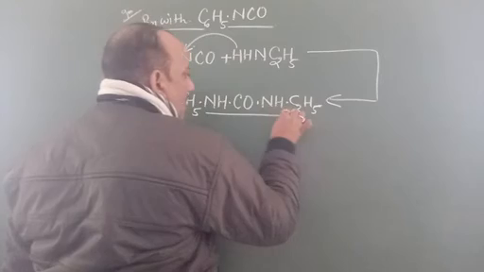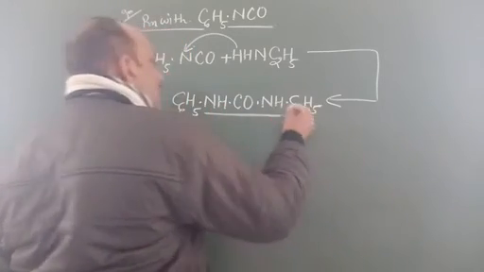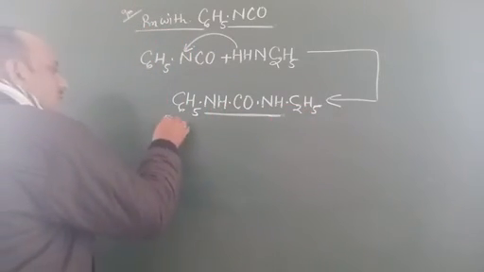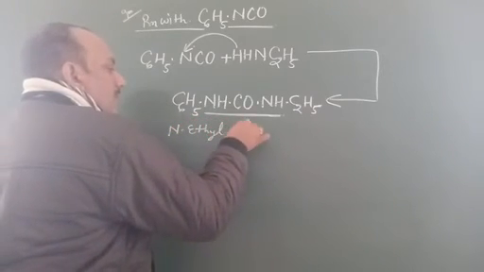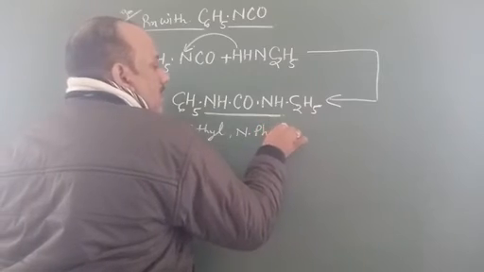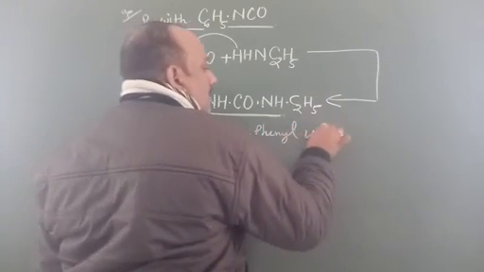So this version is used for the nomenclature of urea. Its name is N-ethyl N'-phenyl urea.